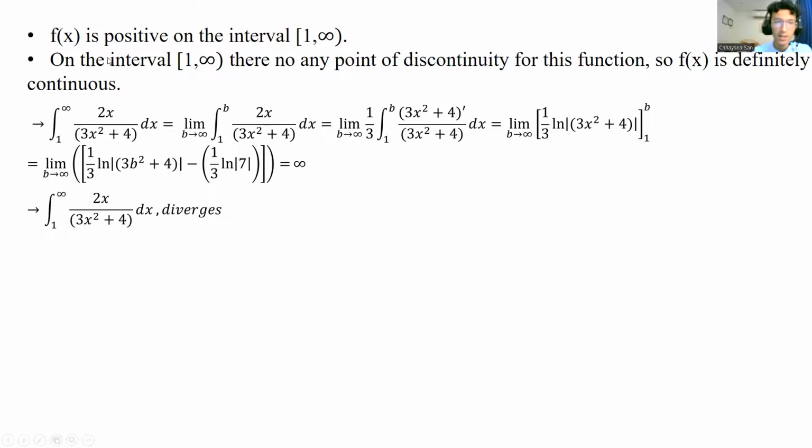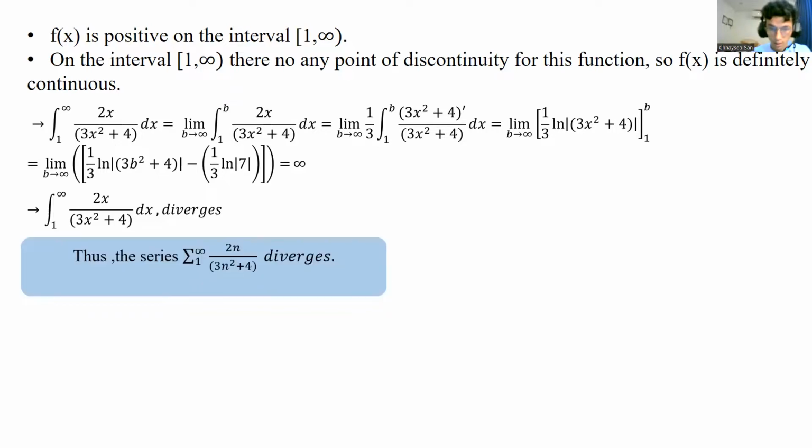It means the function passes the three conditions, and now we can apply the integral test and calculate it the same way. I show you the formula of the integral, but the difference is that here it results in infinity. If the integral is infinite, it means the integral is divergent. So by the integral test, if the integral is divergent, the series is also divergent.